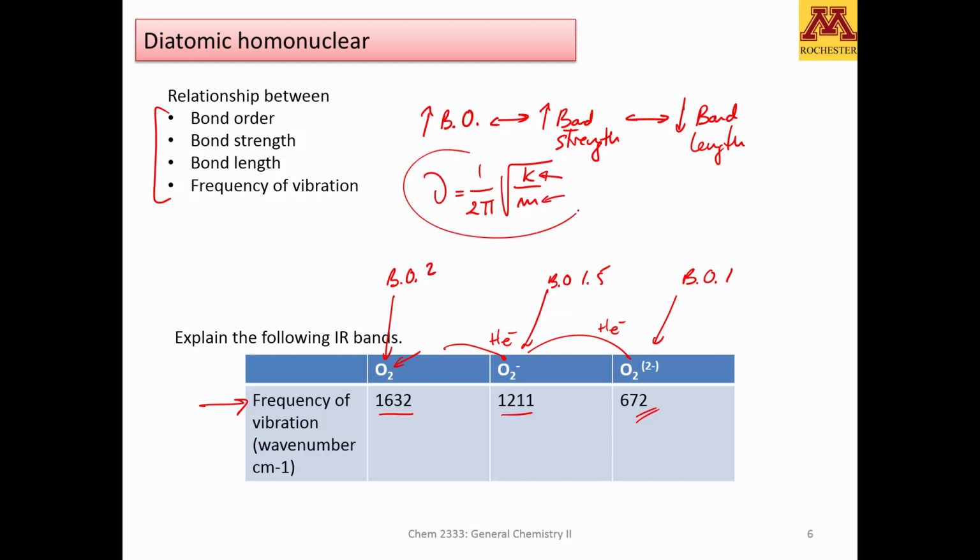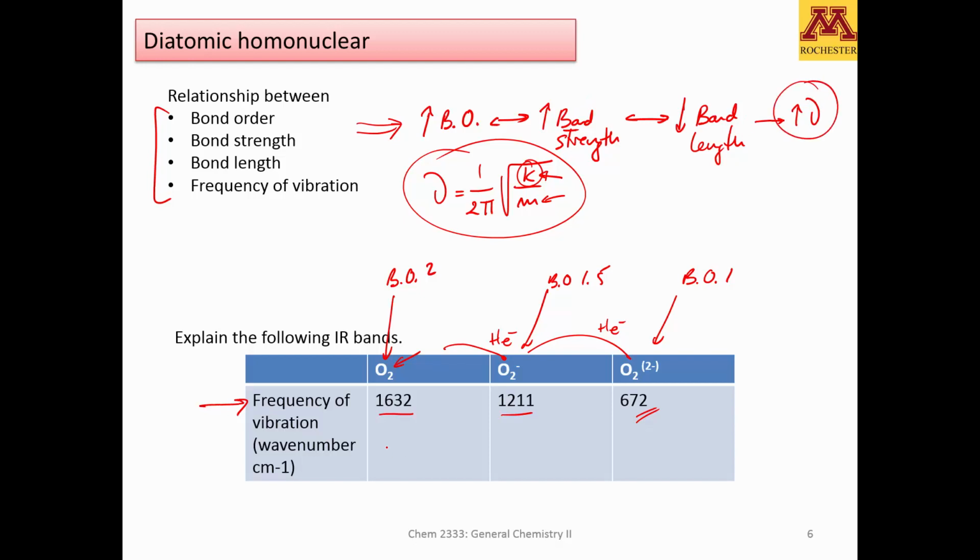If you've never seen this equation before, may as well ignore it, but the take-home message is that as long as this trend follows, the higher the frequency of vibration will be, because the strength is the constant of the spring that makes the bond vibrate. Therefore, following this trend, the stronger the bond, the shorter the bond, and the higher the frequency.